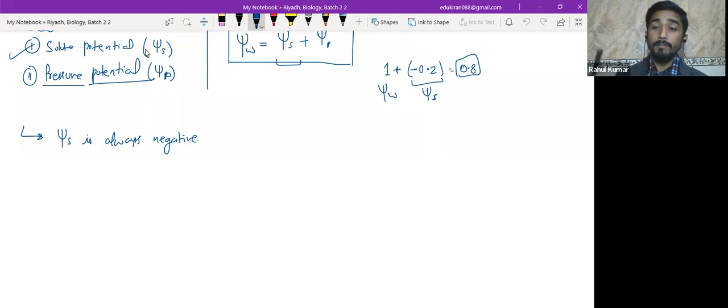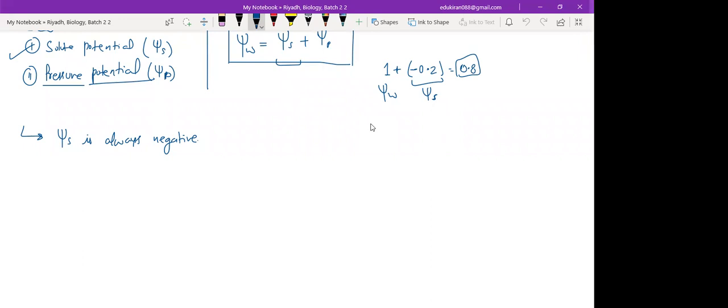Okay, and a pure water can also have lower water potential than a solution if these two are kept at different pressures. Is it clear? These are some high order thinking skills. So if I keep a water at a negative pressure, and I'll explain how we can create negative pressures, and a solution at positive pressure, then basically the potential of the pure water is also going to be lower than the solution, correct?